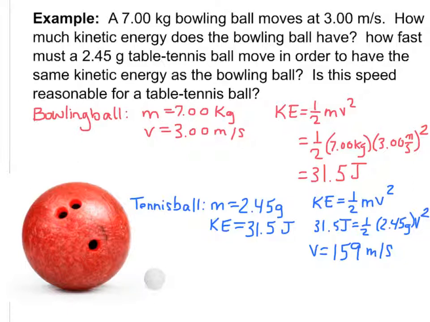And when I do that, I get an equivalent of about 356 miles per hour. That's entirely too fast for a tennis ball. Therefore, for this table tennis ball to approach the same amount of kinetic energy as this bowling ball, it really wouldn't reasonably be able to do that because this is really fast.